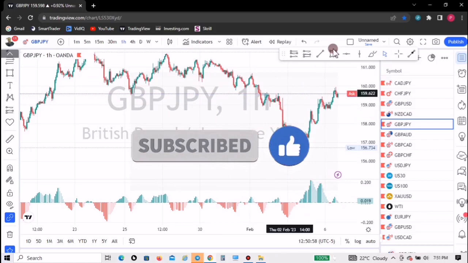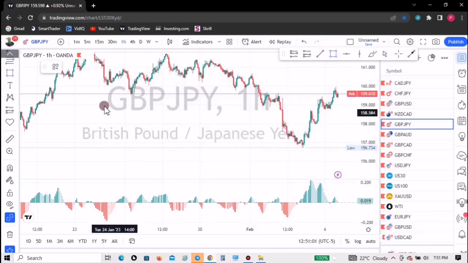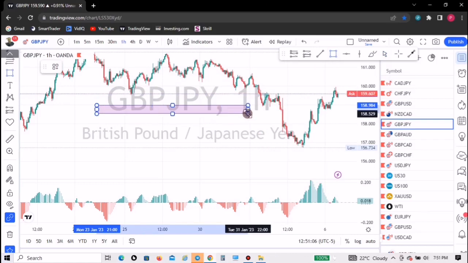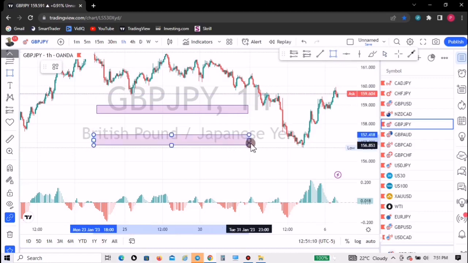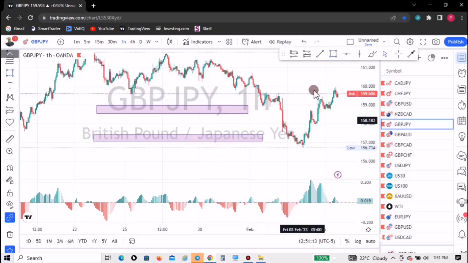Now, by important zones or important regions or key levels in the market, I mean places where price reacts. Whenever it gets to that point, it reacts.